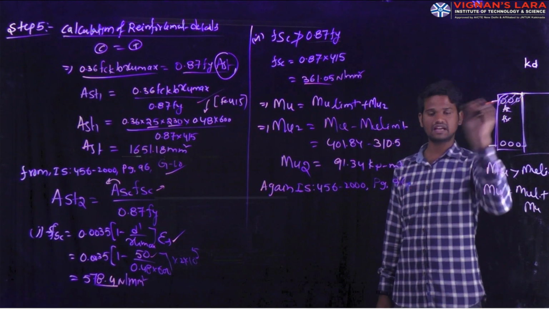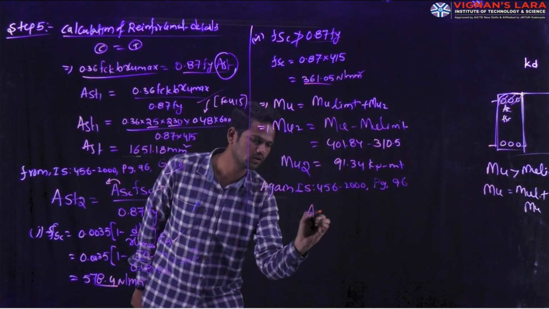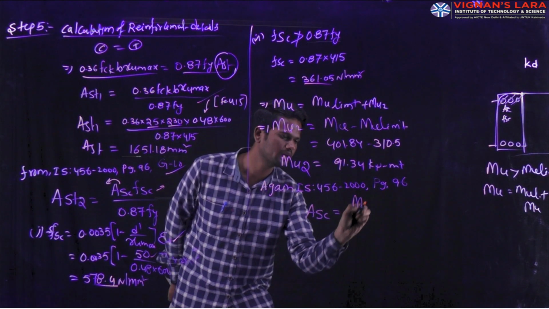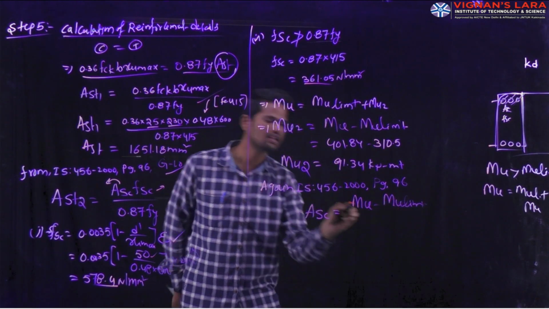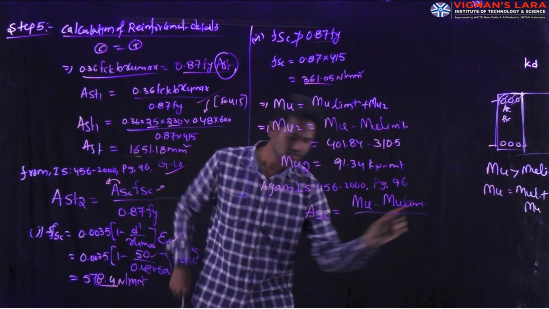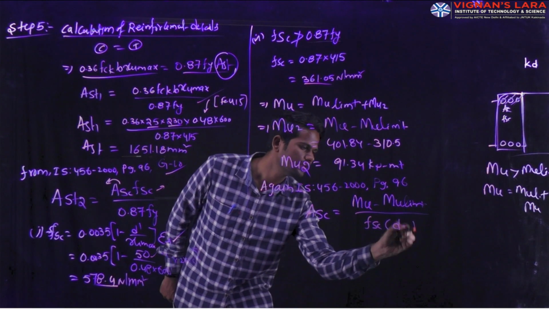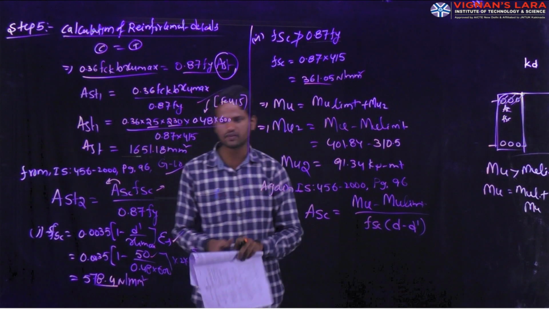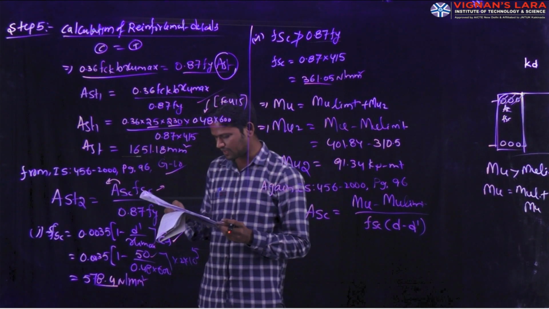Area of the steel in compression direction, we have ASC equal to Mu minus Mu limit, that is nothing but this additional moment, divided by 0.87 FSC into d minus d dash. Again this is the formula, we are taking it from the IS 456 2000 code book page number 96.